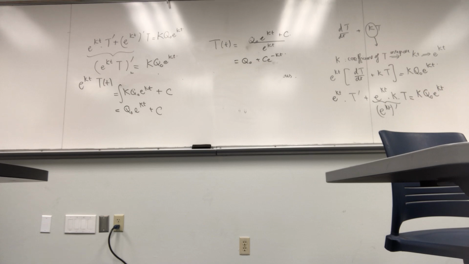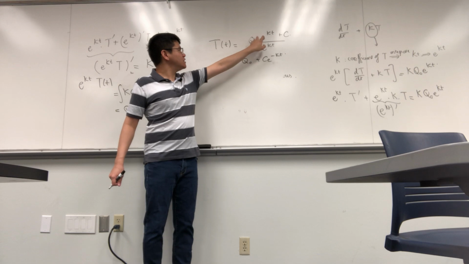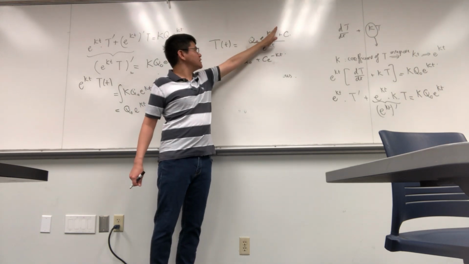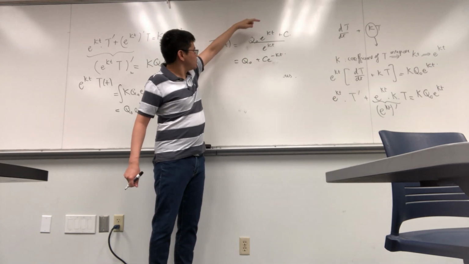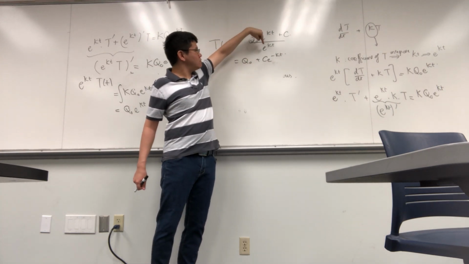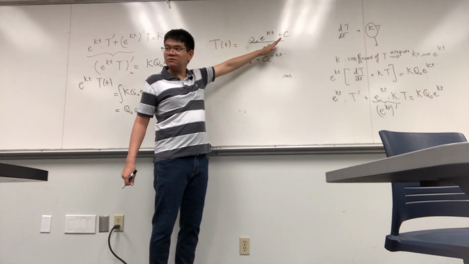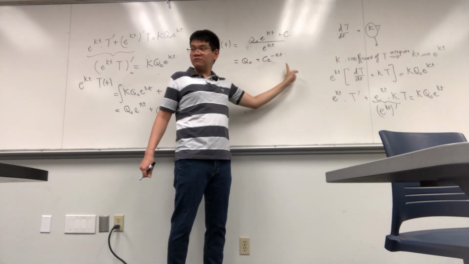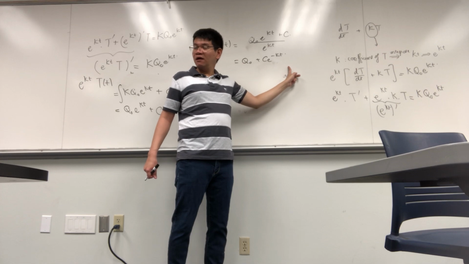Questions? Since C can be anything, why do you include e to the negative kt? So when you divide q e to the kt plus c over e to the kt, right? The first quantity is q e to the kt over e to the kt. That cancels, right? So the second one is c over e to the kt, which is equivalent with this. Right, but C could be anything.